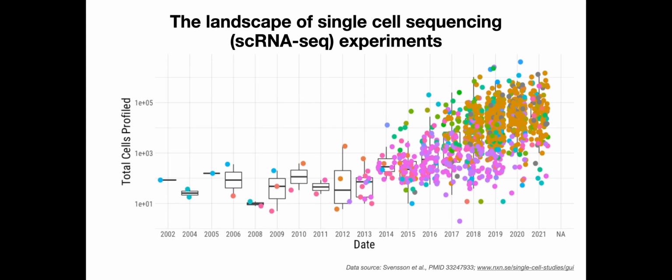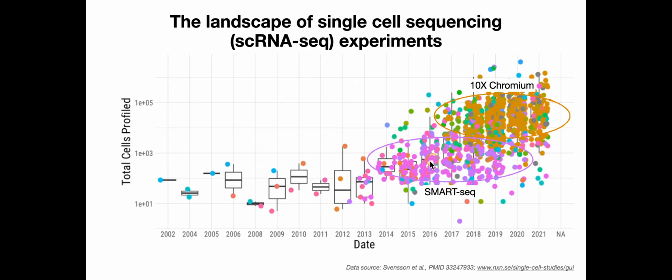Lots more dots here. And we see this just incredible rise in the number of cells that people are profiling in their papers. The other thing I want to point out here, and it's illustrated by the coloring, each point here is colored based on the technology used to generate the single-cell data. And you see predominantly two colors dominating this graph, indicating the SmartSeq technology and 10x Genomics technology.